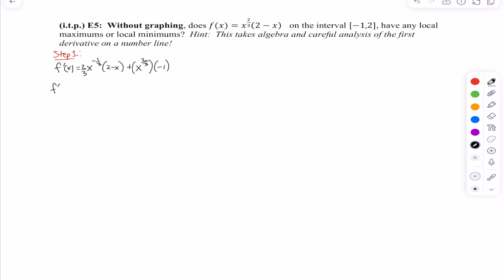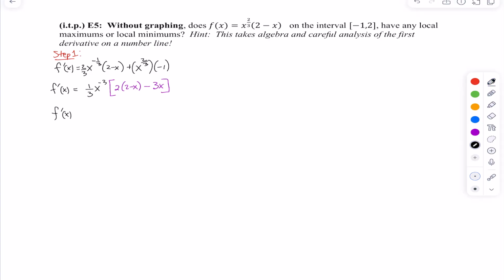And it's best to take the greatest common factor and see what's left. We want our first derivative in reduced factored form.